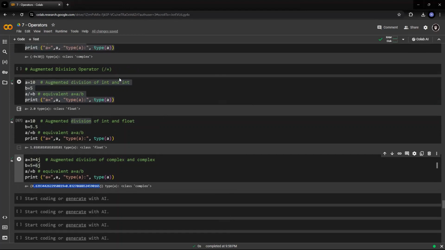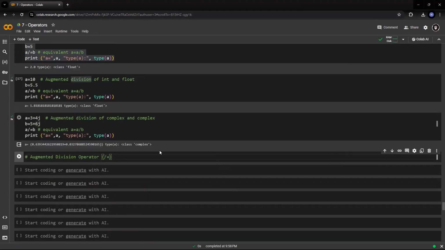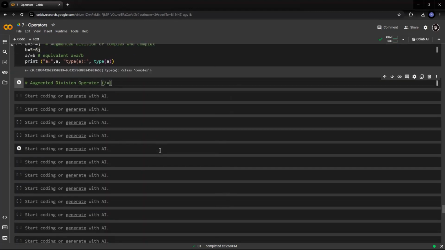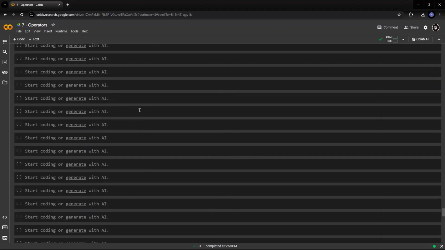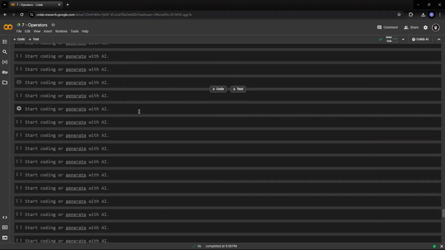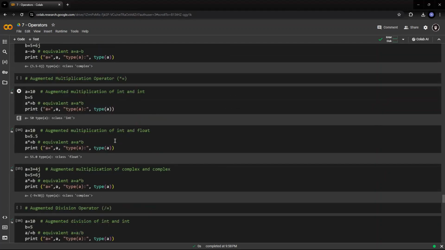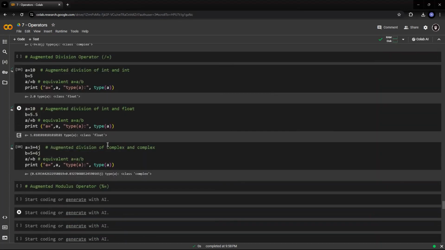The next in the list that we need to see in assignment operator is modulus. Modulus is denoted by a percentage sign equals to. So this is the modulus operator. Let's try it with int and int, which we have used for multiplication.